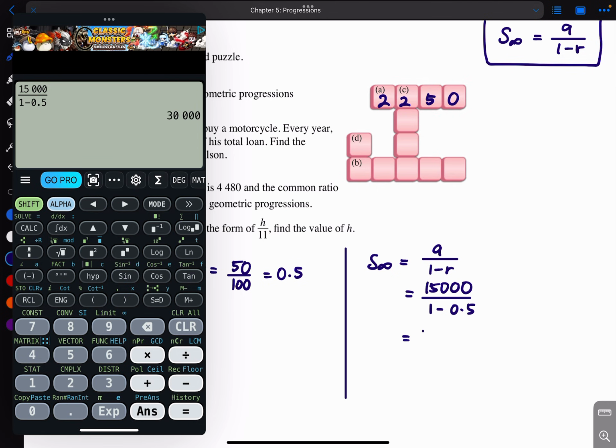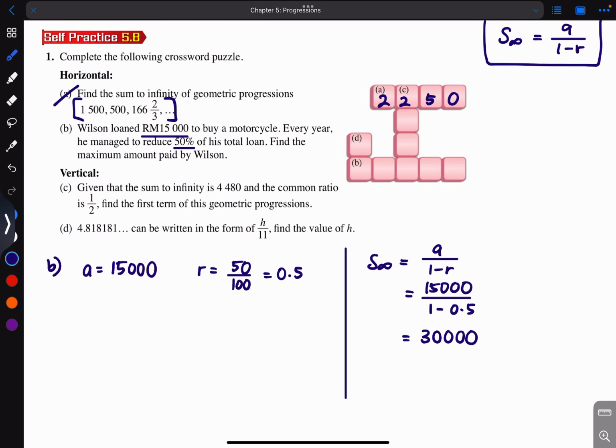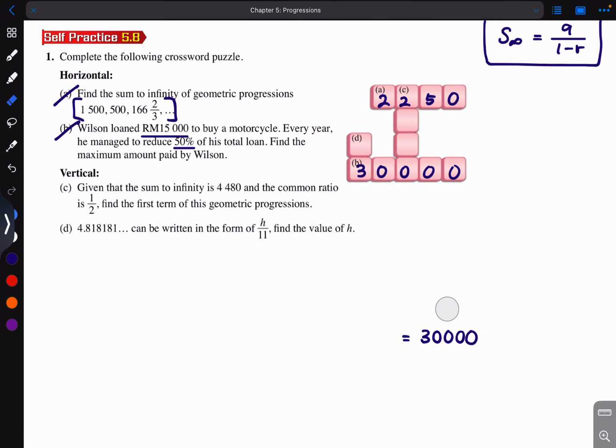We get 30,000. So this is the maximum amount he can pay for his motorcycle. So B is 30,000. Done. Alright, let's look at vertical.